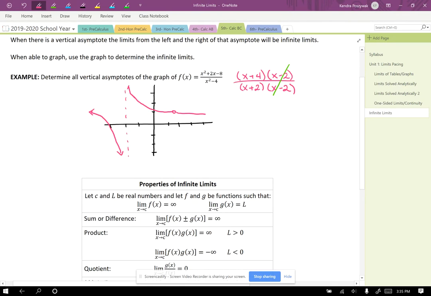If we look at this graph, what can we say about our left-handed limit at negative 2? What would you say is our limit as x approaches negative 2 from the left of f of x?